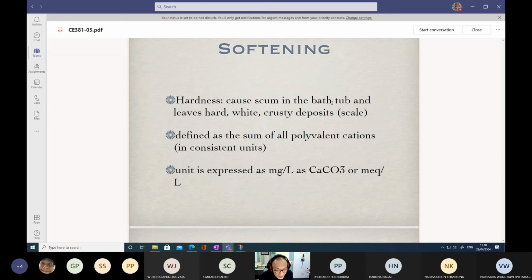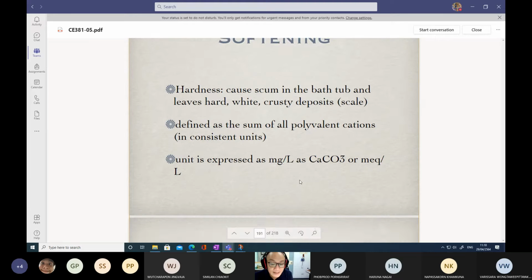The unit is normally expressed as milligrams per liter as calcium carbonate or milliequivalents per liter. But anyway, we prefer to classify them in terms of milligrams per liter as calcium carbonate.